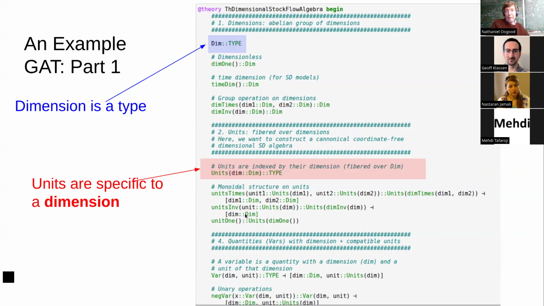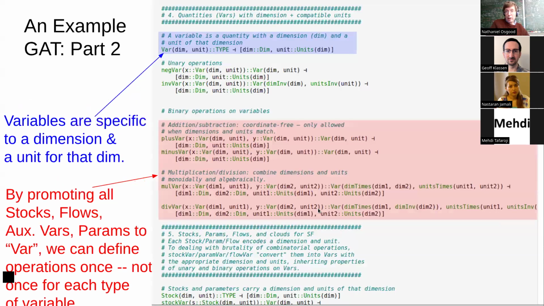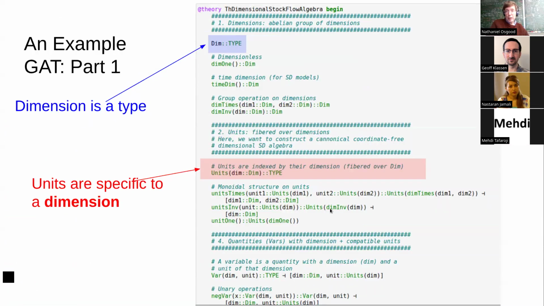Similarly, if we have a dimension and we have a unit of that dimension, something drawn from the units of that dimension, we can take its inverse and we get something which is guaranteed to be a unit of the inverse of the dimension, right?